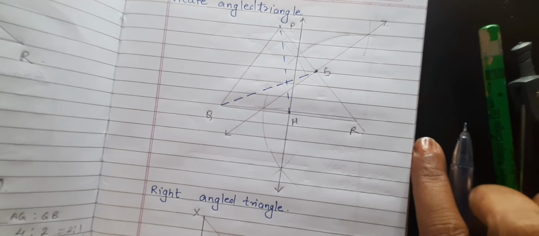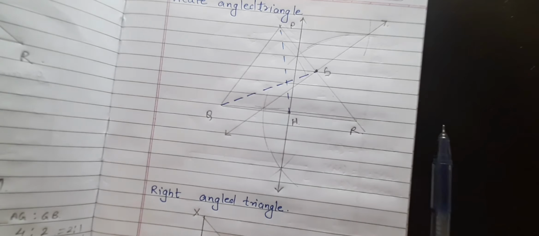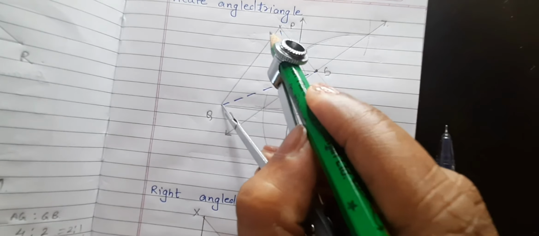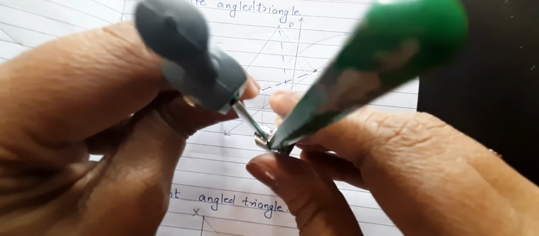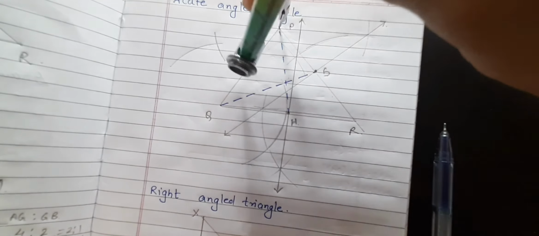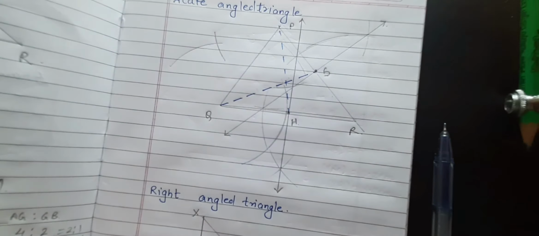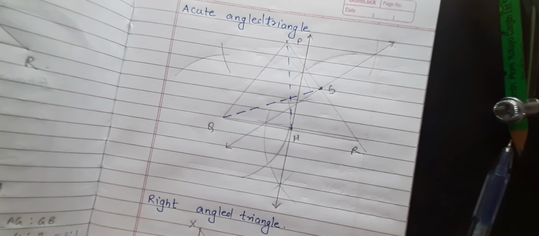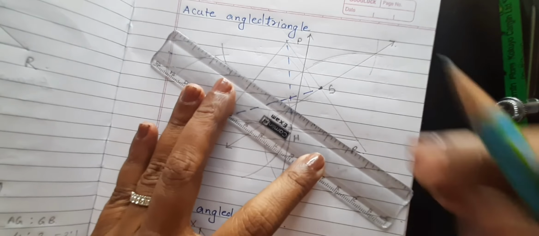Okay. Now the last side is left, that is side QP. So for QP, again I'll be taking a bit, maybe coming inside the triangle, so that's why I've extended a bit. Okay. See, I told you, it's coming inside the triangle. Fine. So I'll be joining this.